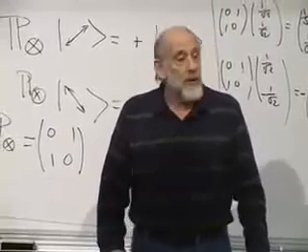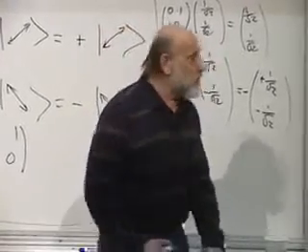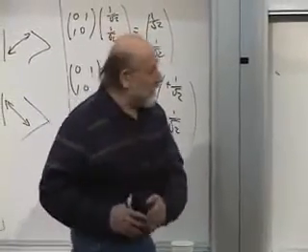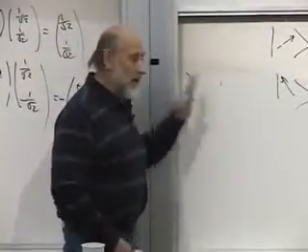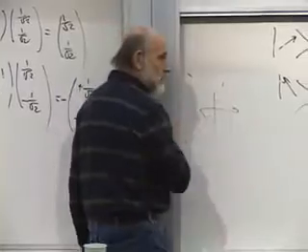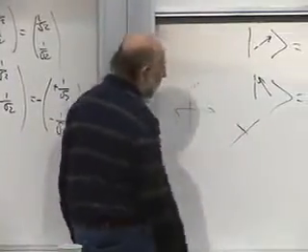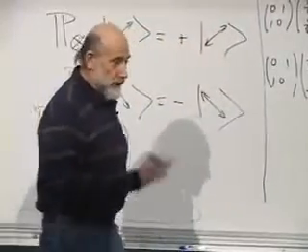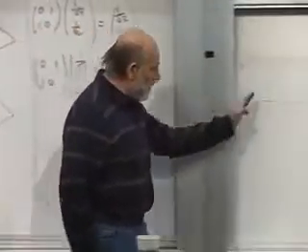In other words, there is no polarization experiment which can tell you simultaneously what the xy polarization is and what the rotated polarization is. There are experiments which can tell you the xy polarization.